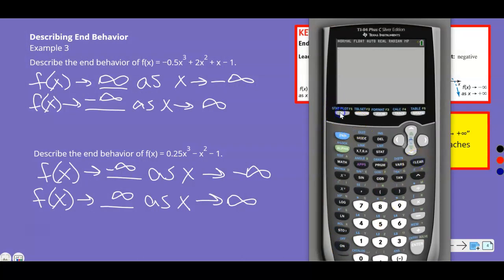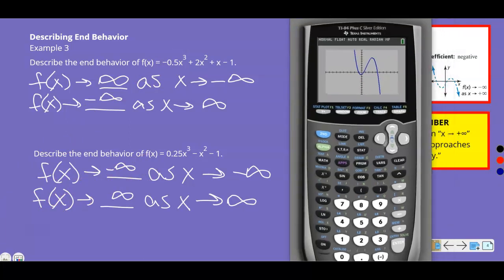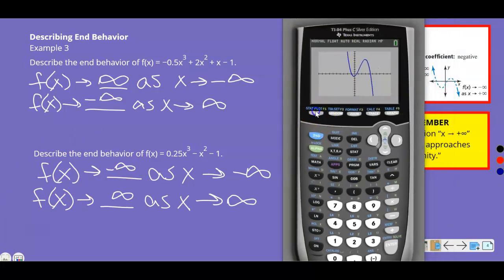So if you say y equals, I'm going to pause the video just a second and type this in because we're about to run out of time. All right, so if you look at the graph here, here's the equation. I typed in the equation exactly like this right here, and then I hit graph, and you can see the graph goes exactly how it says. So when it's negative, it goes up to the left and down to the right.